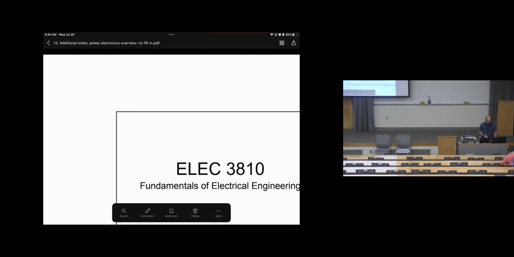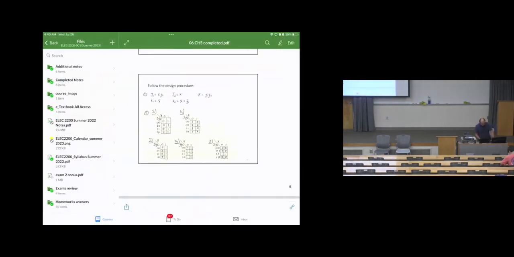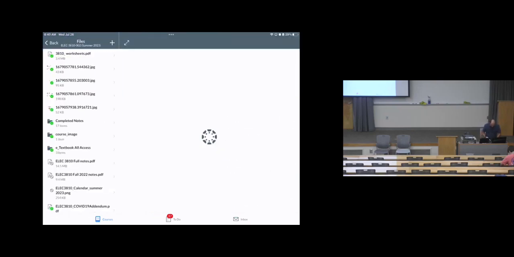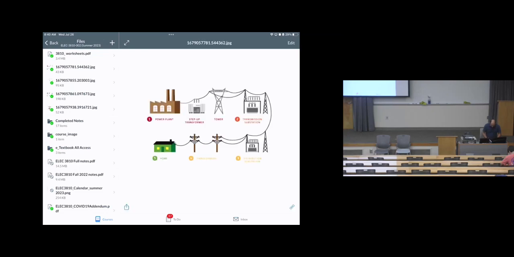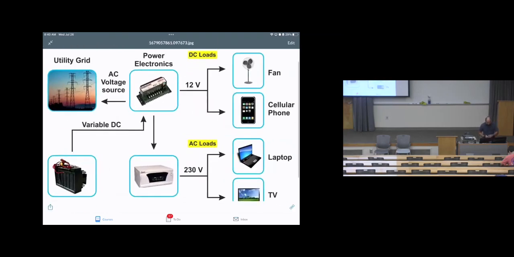Okay. Now I want to show you a demonstration picture. Yes, here. So the power electronics can be used, as we see in this photo, to connect to the utility grid, to power some devices and DC loads.